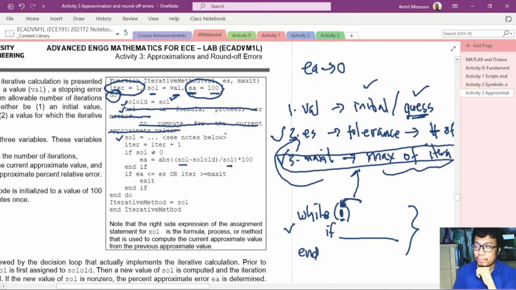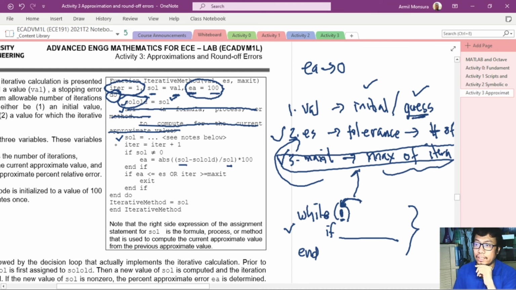Okay, which dapat ma-involve itong sol old at that point. Okay, or pwede namang hindi. In general, dapat ma-involve siya kasi because it's an iterative algorithm. So therefore, the calculation of the new value depends on the old value. Okay. So, may involve ito more or less dun sa calculation ng sol.